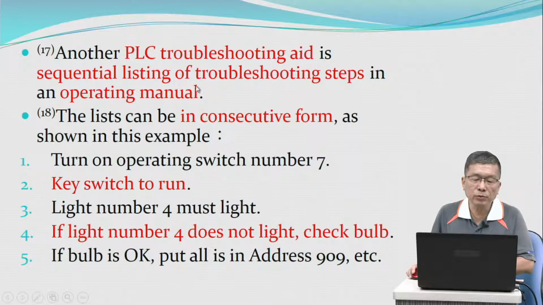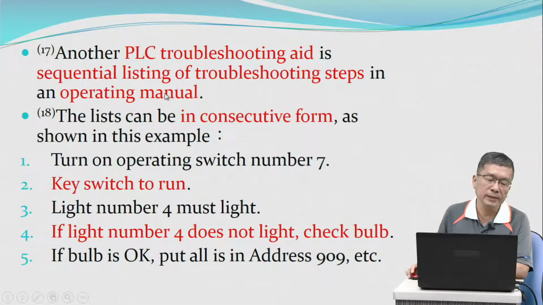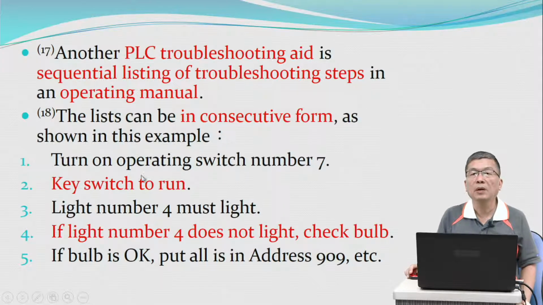Another PLC troubleshooting aid is a sequential listing of troubleshooting steps in an operating manual. The list can be in consecutive form as shown in this example. Turn on operating switch number 7, key switch to run.